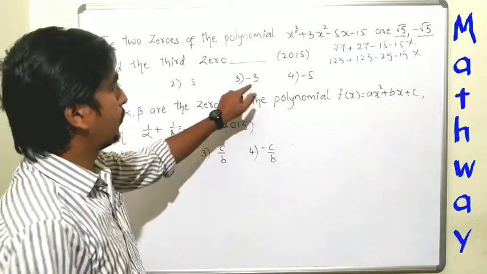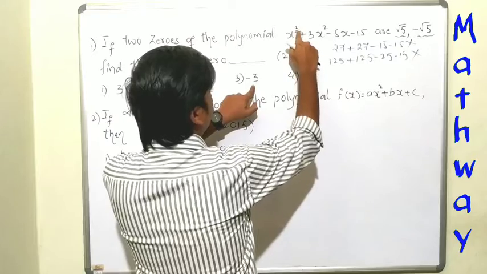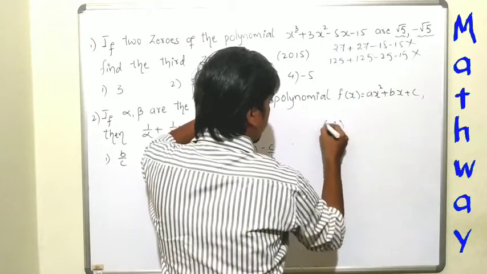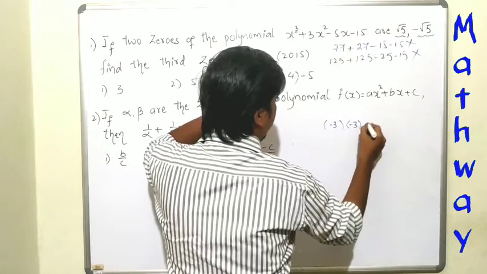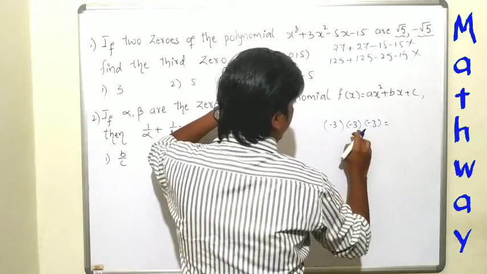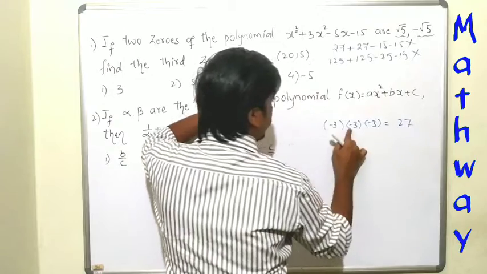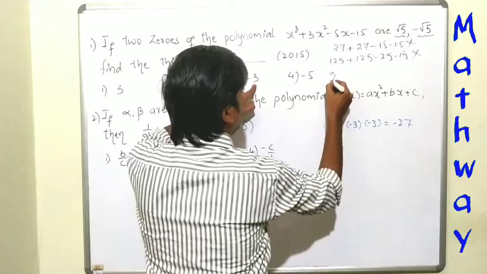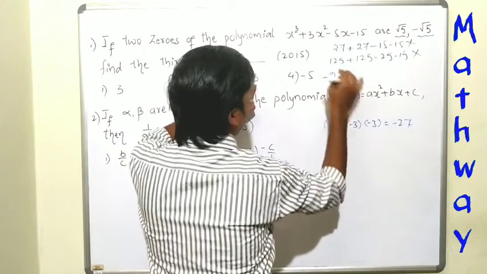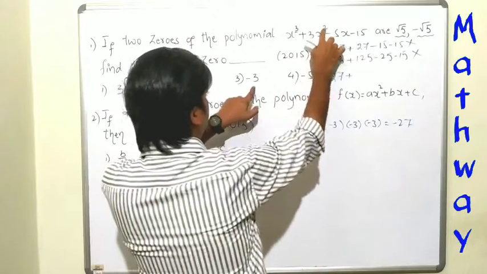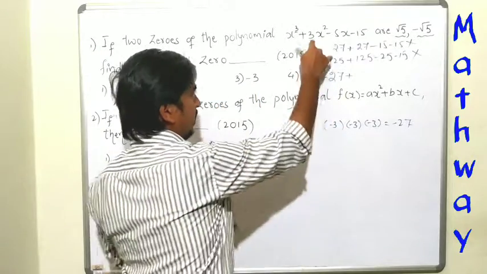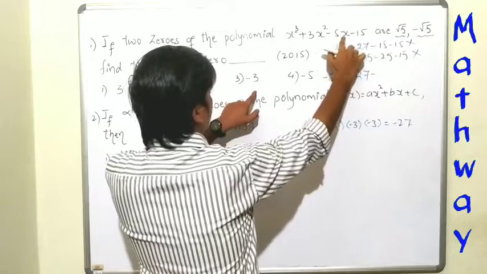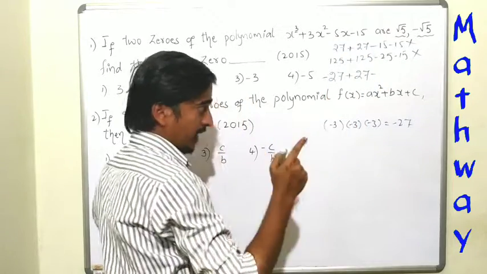But put the third option, minus 3. x cube means minus 3 cube, which is minus 3 into minus 3 into minus 3. 3 threes are 9, 9 threes are 27. Minus into minus is plus, plus into minus is minus. So the x cube term is minus 27, plus 3x square. x square means minus 3 square is 9, 9 threes are 27, minus 5 into x. 5 into minus 3 is minus 15.